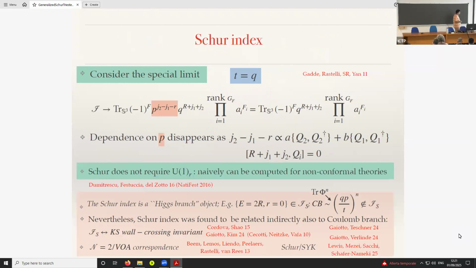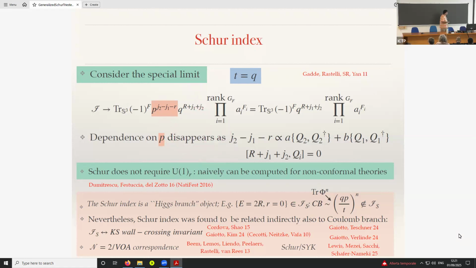What happens in this case is that the index simplifies in various ways. So setting T equal to Q, we lose one parameter, but actually when you look at the index, you lose another parameter. So although naively you did nothing to P, the dependence on P can be shown to disappear from the index. P just disappears. And the reason is that this index in the Schur limit preserves more supersymmetry.